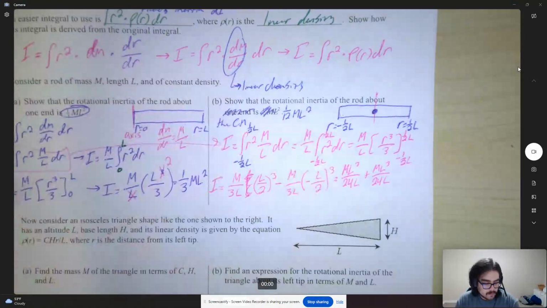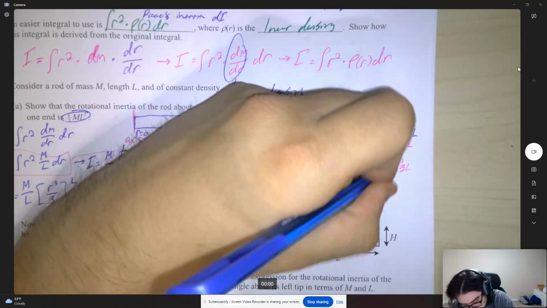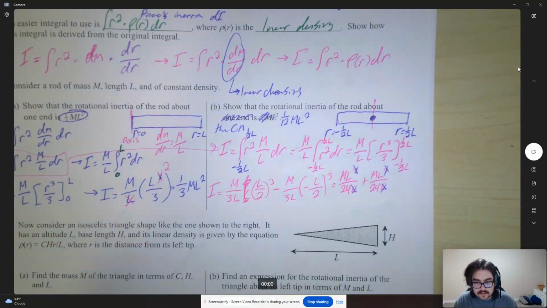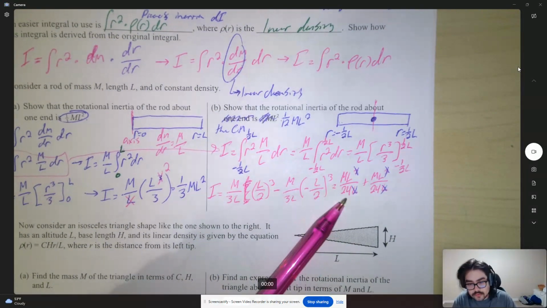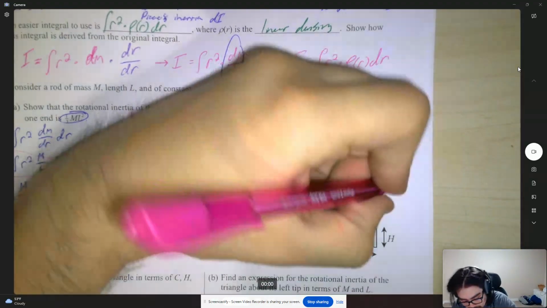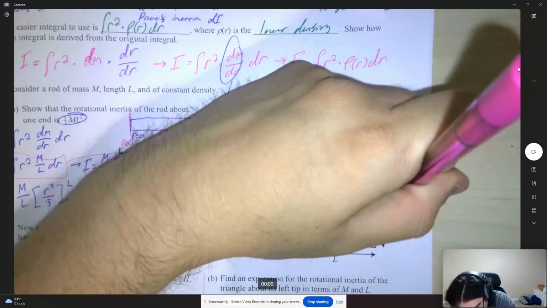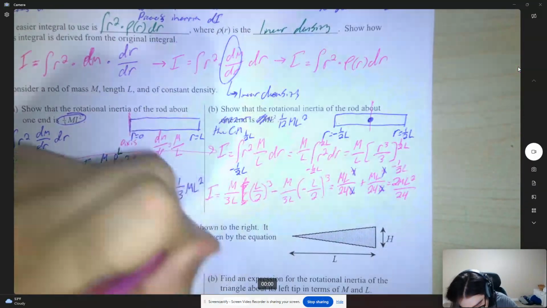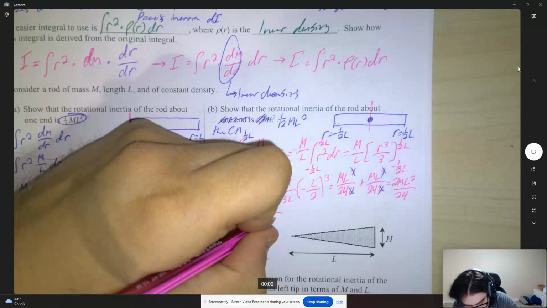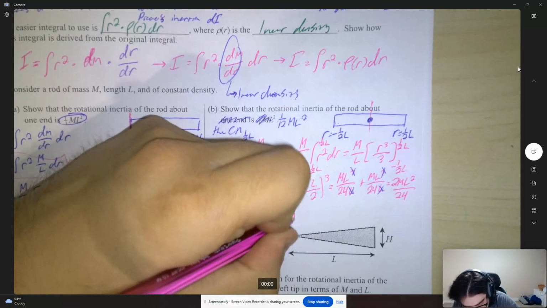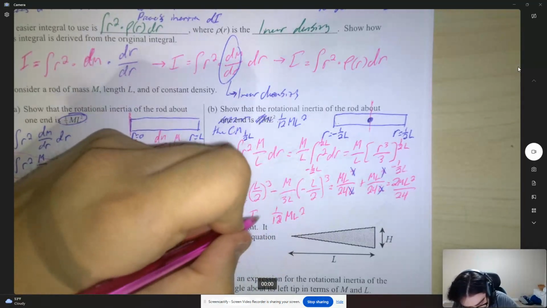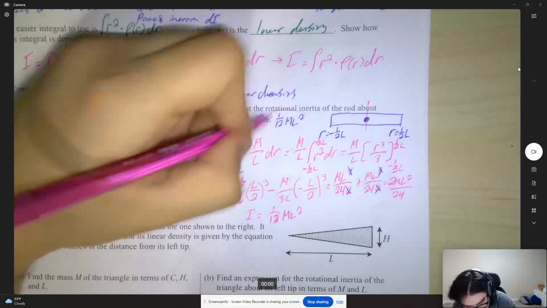Well, what you can notice here is that one of your L's has to cancel out on both of them. And so you would end up with 2 ml squared over 24 if you add those properly. Okay. And that ends up being 1/12 ml squared, just like your typical inertia equation.